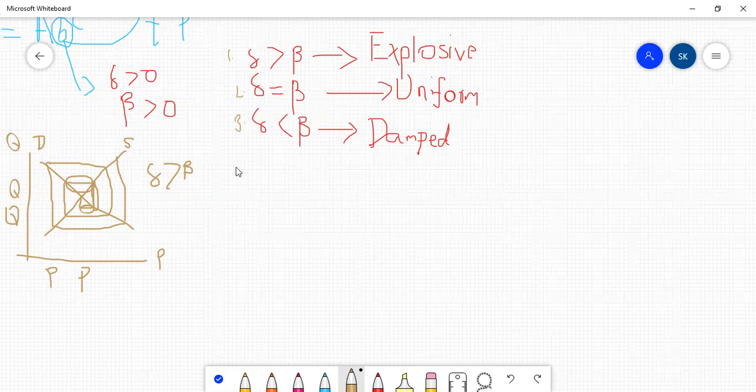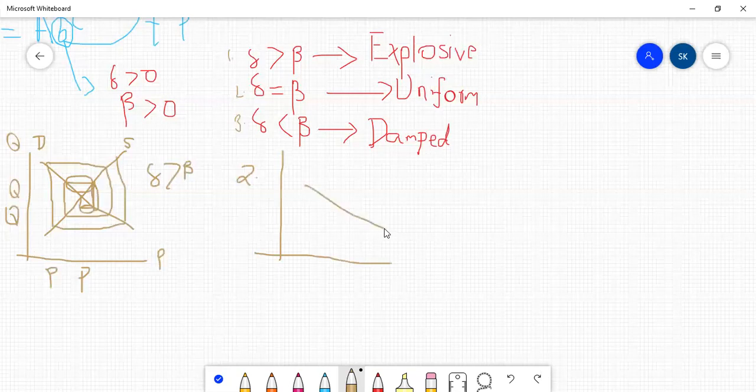Then in the next one, that is the second figure, when sigma is equal to beta, the oscillation should be such that the amplitude of the oscillations is exactly the same.